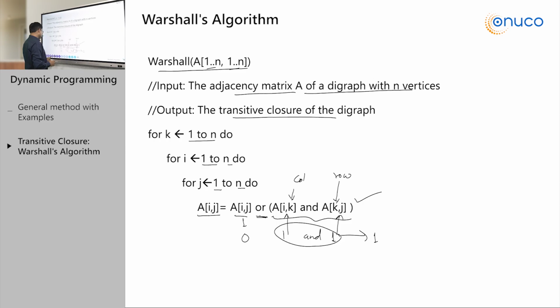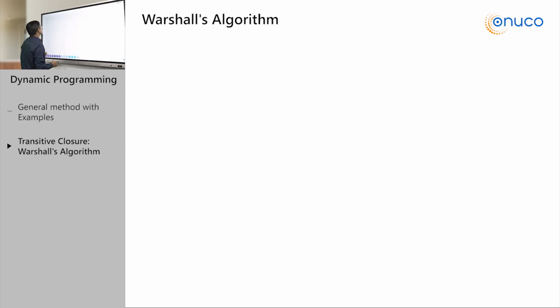So let us see how exactly we are going to perform the task. We have taken the example A, B, D, C, and we have done it like this. This is the directed graph, right?